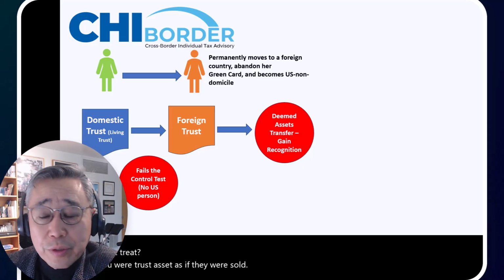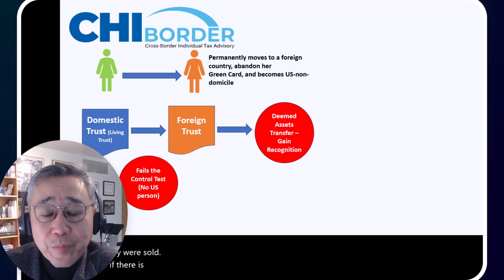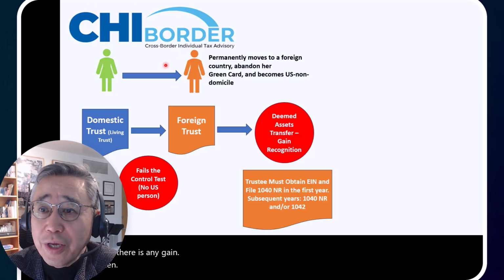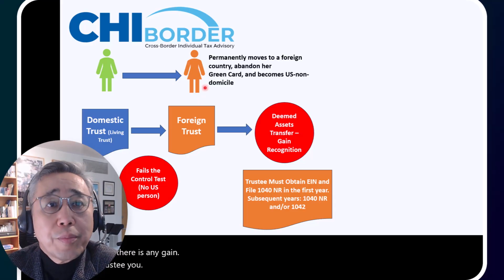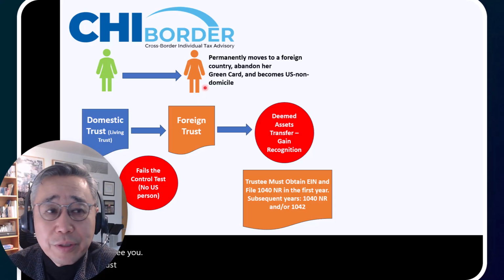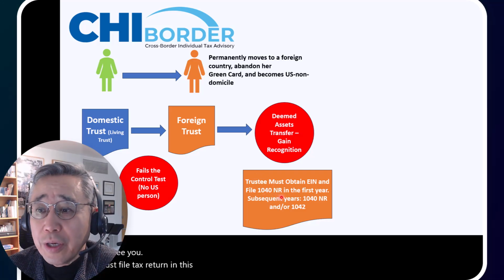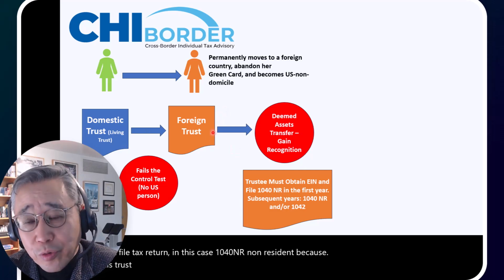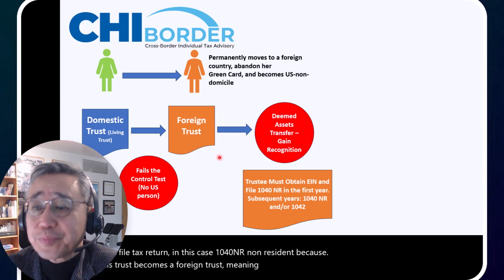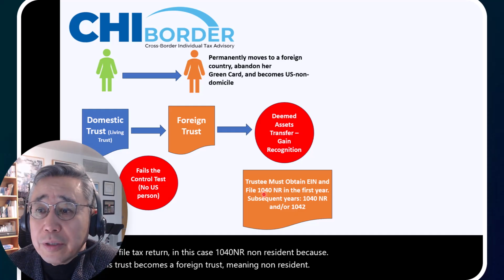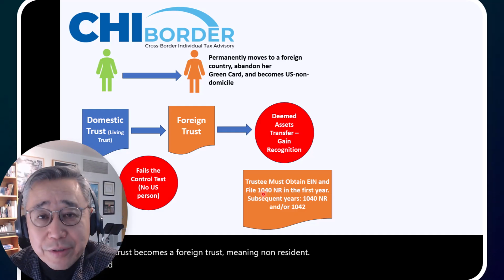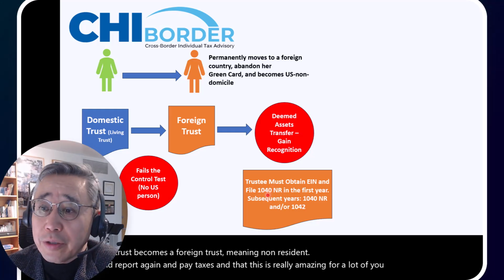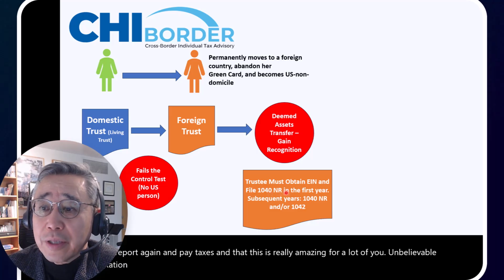If there is any gain, then the trustee must file a tax return. In this case, 1040 NR, non-resident, because this trust becomes a foreign trust, meaning non-resident, and report the gain and pay taxes. And this is really amazing for a lot of you. Unbelievable taxation. And that's the first year.